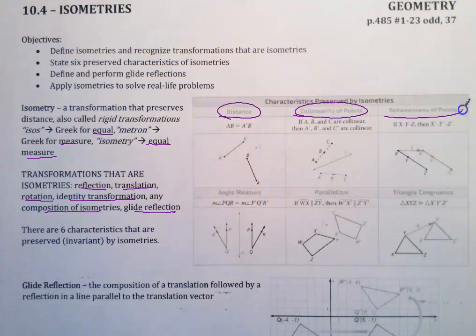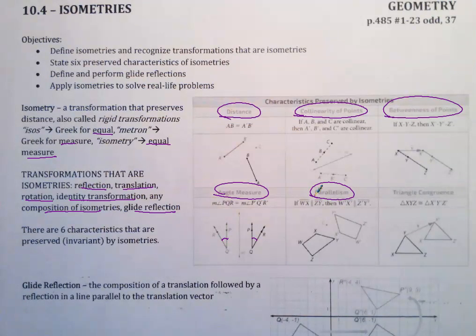Then the next one is betweenness of points. The distance between the points when we move them stays the same. It's consistent. Our fourth one, angle measures, stays consistent. Even if we reflect them, the angle measure stays consistent. We don't lose that. Parallelism. What's the root word in there?